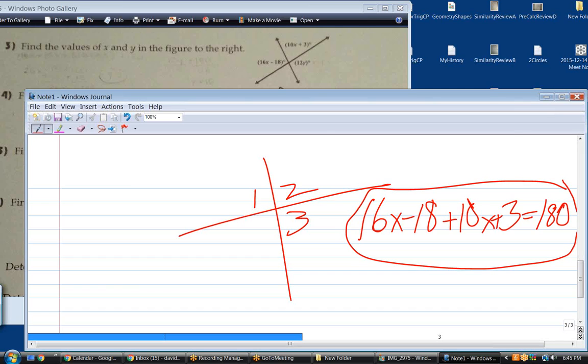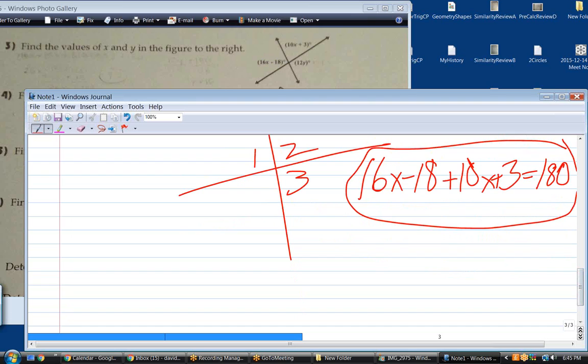Once I solve this for x, now I can set this angle equal to that angle, and that will be a number. It will no longer have a variable in it. Let's solve for x. Gather like terms. What do we got? 26x, and then negative 15.